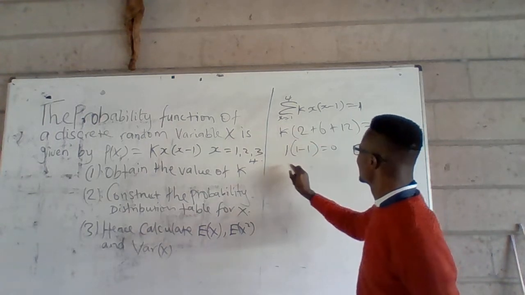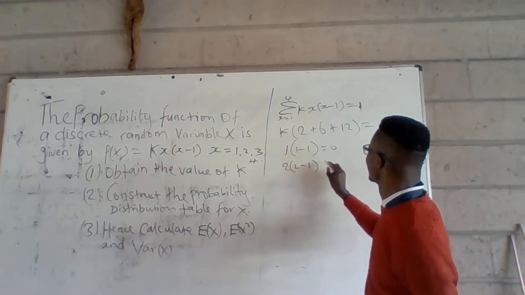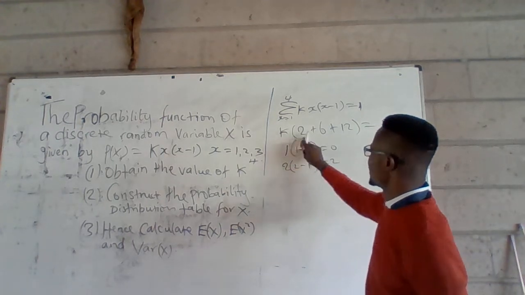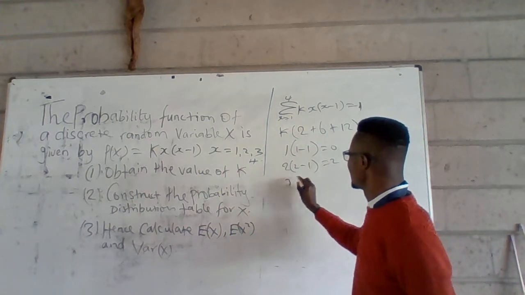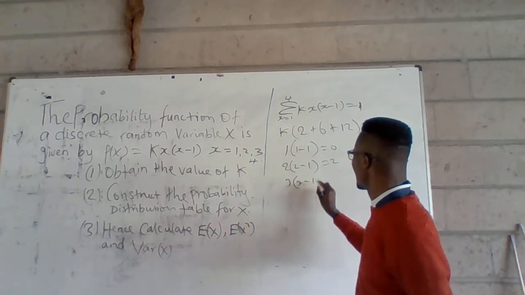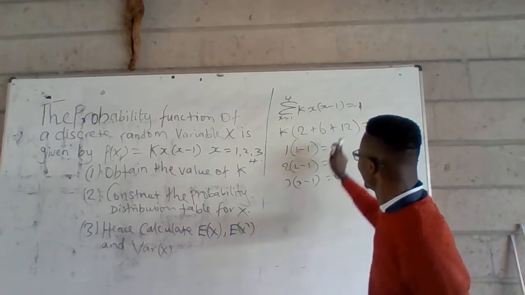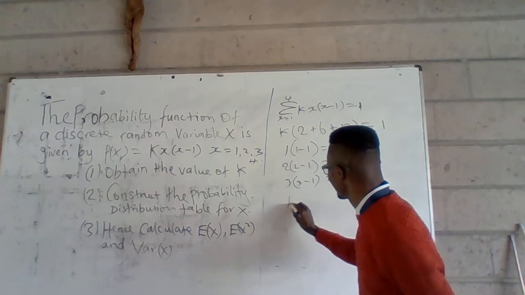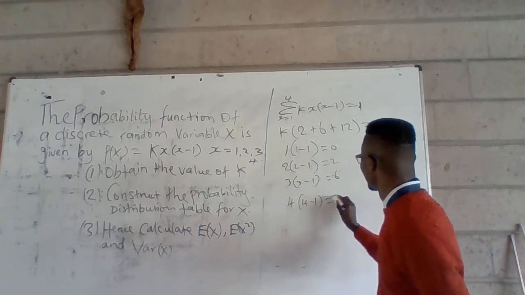Then 2 into 2 minus 1 gives you 2. And you have 3 into 3 minus 1, which gives you 6. We have 4 into 4 minus 1, which gives you 12.